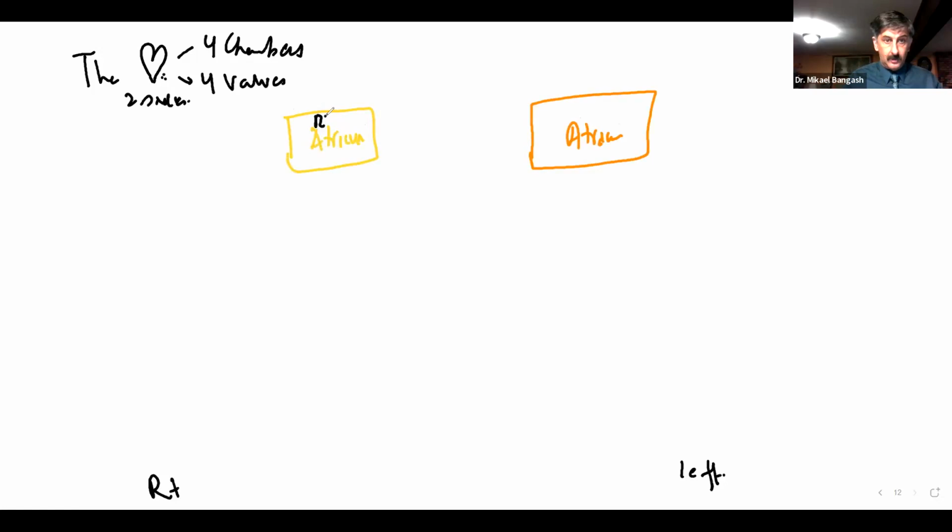This one here is going to be the right atrium. This one here is going to be the left atrium. Is that clear? Yes. Good.